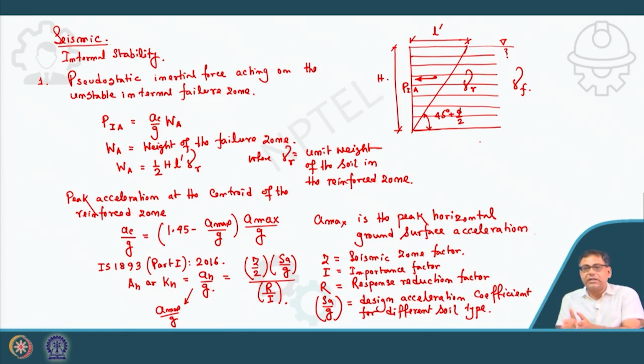Again, if the length of the reinforcement layers is not the same, then also the bottom and top will be different. In this case the bottom will take the maximum PIA and the top will take the lowest PIA, or it will be distributed in this form.